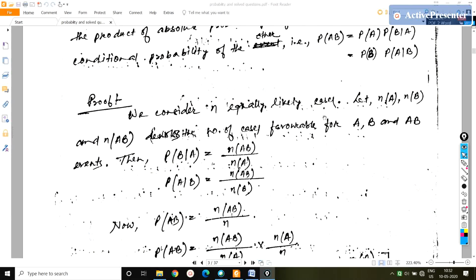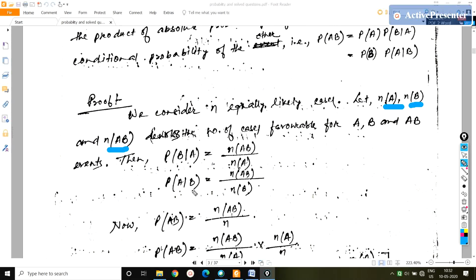Suppose you have a small number of equally likely cases, and then n(A), n(B), and n(AB) denote the number of cases favorable for the events A, B, and AB respectively. Then the probability of B given A can be written as n(AB) by n(A).